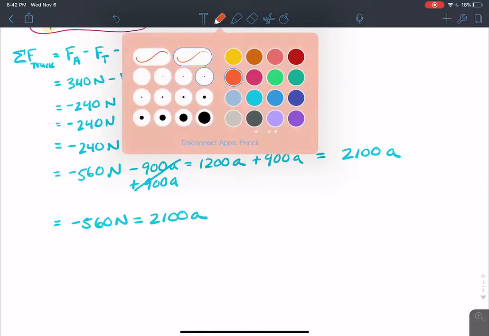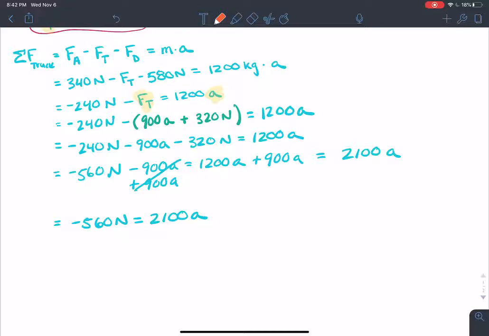So now that we have it in this form, let's think about what this is. We've got newtons, right? Forces. This is the sum of the forces on the entire system, and it's equal to the mass of the system times the acceleration of the entire system.